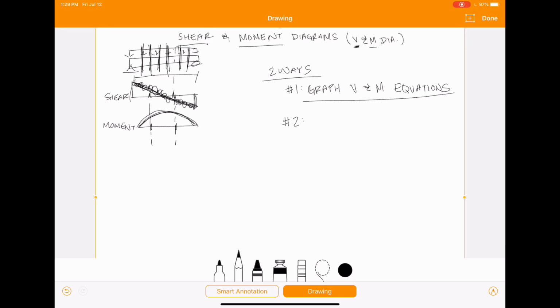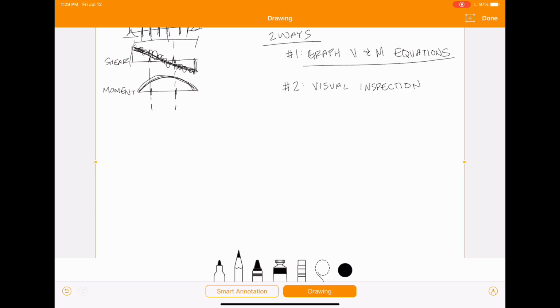Or you can also draw a shear and moment diagram by visual inspection. However, both of these ways start the exact same way.